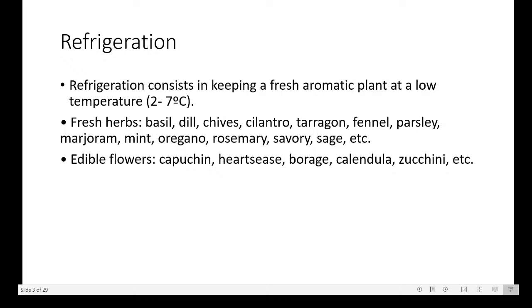So if you are handling a herb like mint or coriander, we need to keep it in refrigeration condition. Otherwise, we have to use the fresh herb immediately.